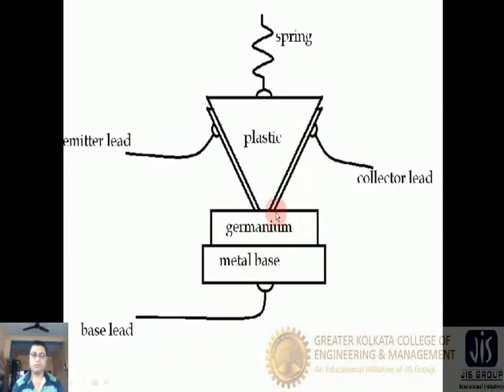Germanium was used to build this solid state device and make it capable of amplification. So in this way a point contact transistor was built up.